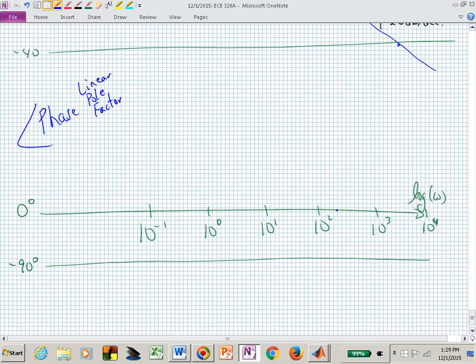A decade beyond 200. So now we go to 2000 and we say any point beyond that we're at minus 90. And where are we beginning the angle? For really small omega we're at 0 degrees, and we've agreed that small means everything below a decade below the break.